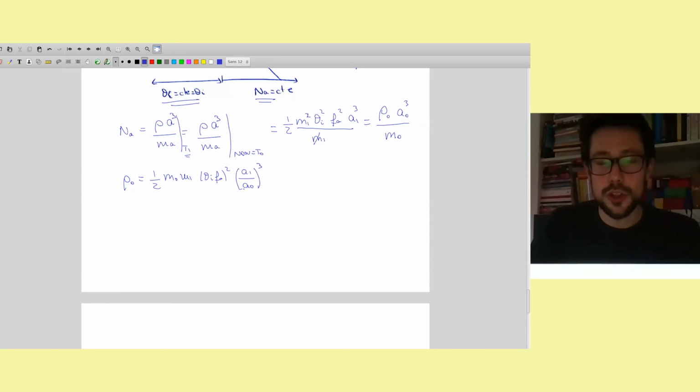So then the conclusion that we're getting is that we had some initial energy density that depends, of course, on the mass of the axion and on the initial misalignment. And then in order to compute the energy density today, we need to take into account this so-called dilution factor.